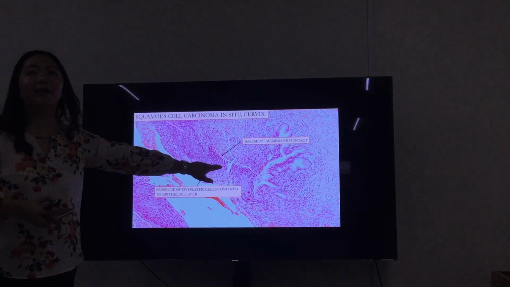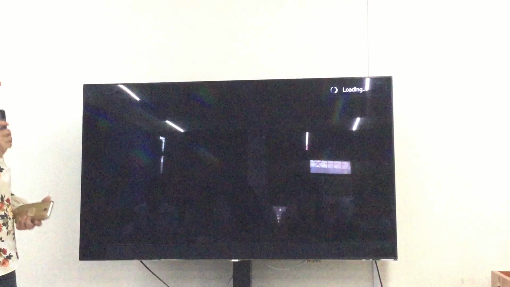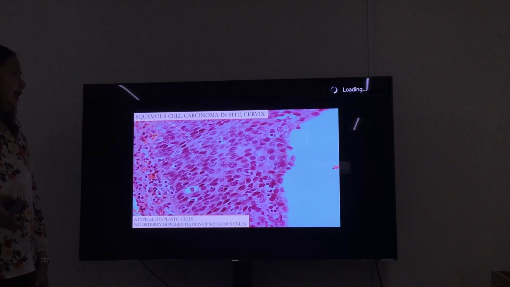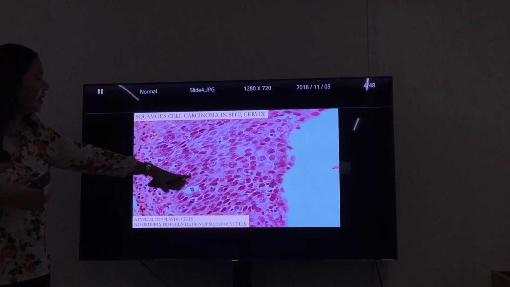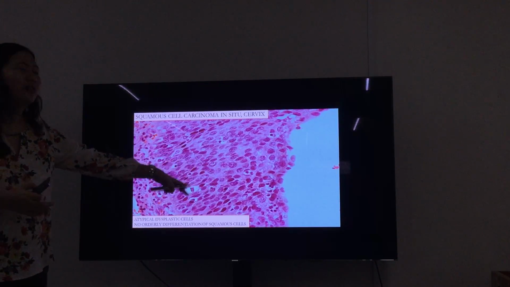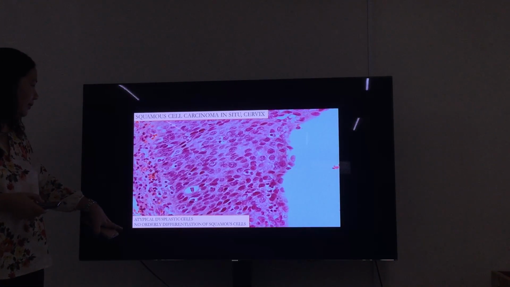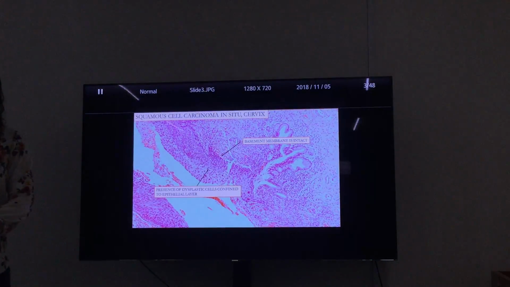But dito, intact pa yung basement membrane. So this is a closer view. You can see that there is pleomorphism, pleomorphic nuclei, hyperchromatic nuclei, ano pa, large nuclei. So may mga features of malignancy siya, but with an intact basement membrane. Okay. So intact basement membrane.